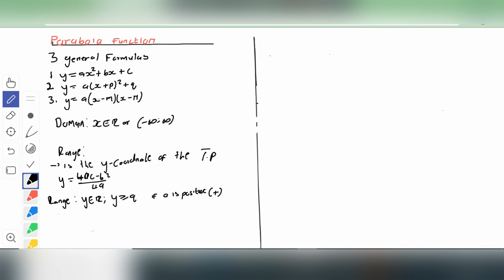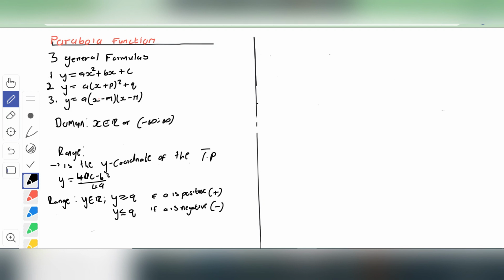But if a is negative, then you're going to say y is less than or equal to q.